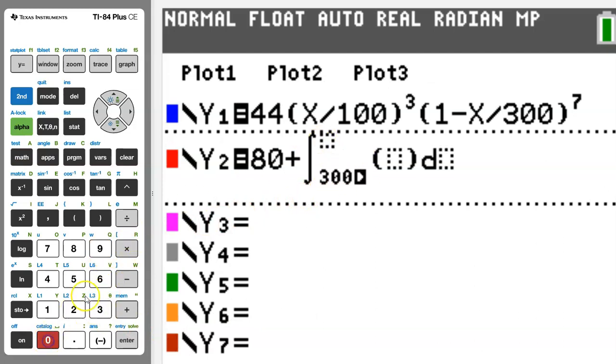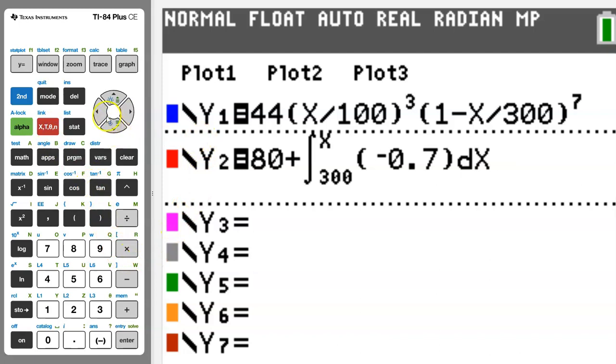So 300 to x. All right, it's an integral defined function, but your calculator can handle this. And in here, we have the simple function of negative 0.7. And we can just use x again, and that's fine.